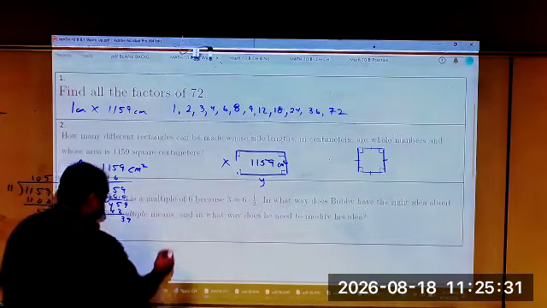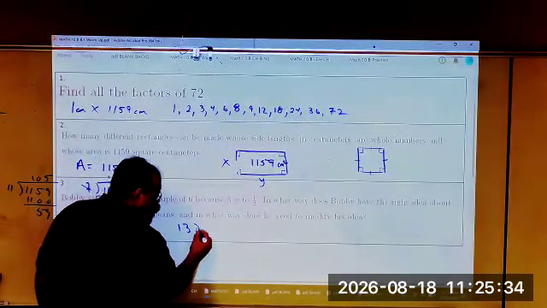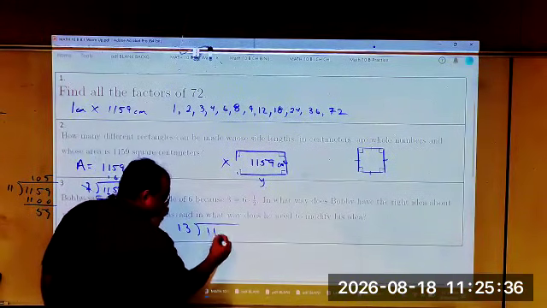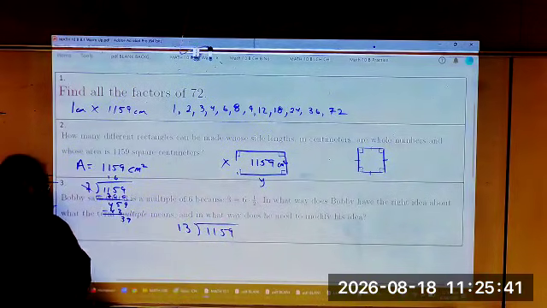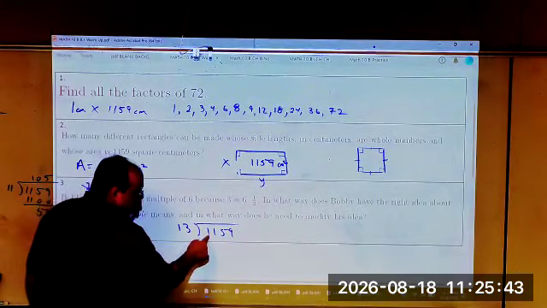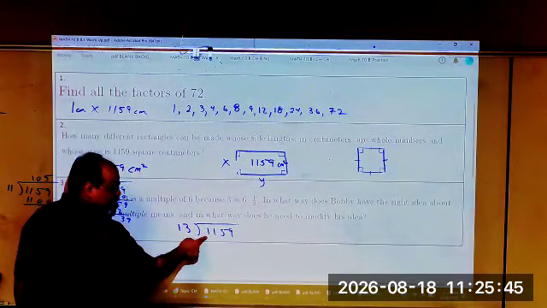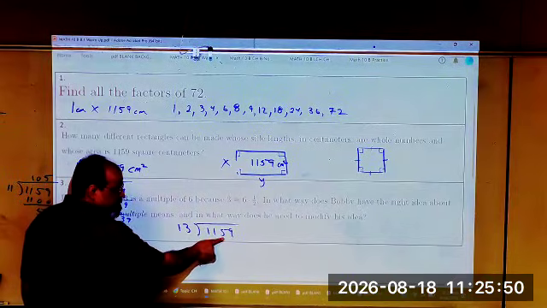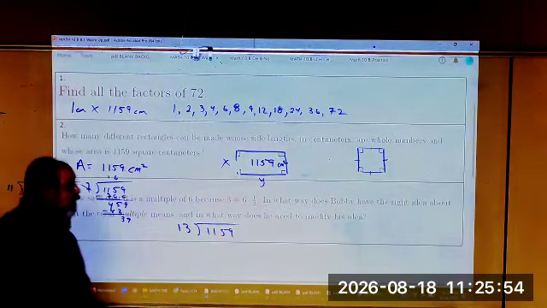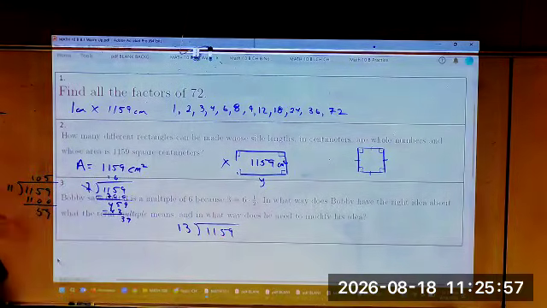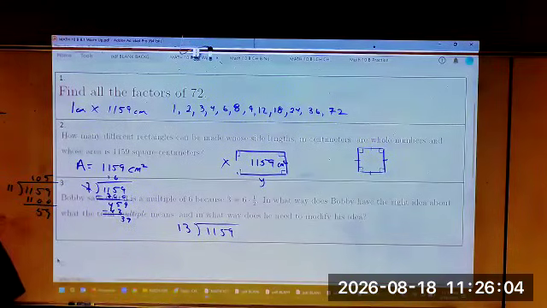13. 13 does not go into the thousands place. It's not going to go into the hundreds place. So now I'm looking at the tens place, 115. 13 can go into 115. So if I use 8 times 13, that's 80 plus 24, that's 104.